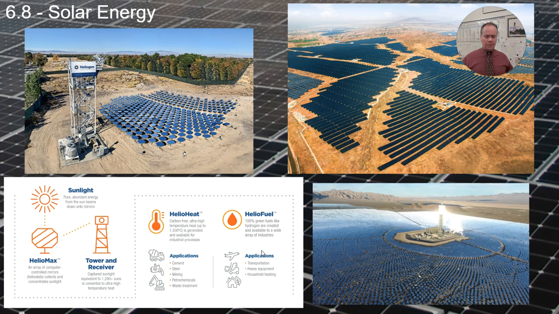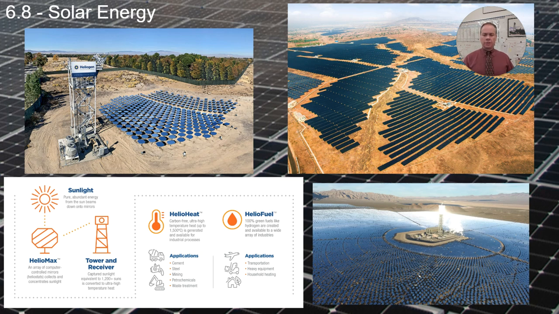Each of these mirrors is concentrating the solar energy directly on this tower, which then, as you could guess, gets immensely hot. It can be over 1,000 degrees Celsius. Concentrating all of this energy in a very small area can create immense amounts of heat, and that heat can be used in a variety of ways.